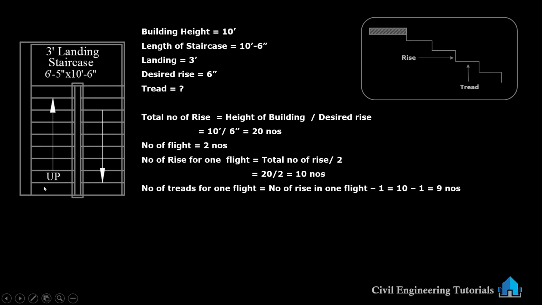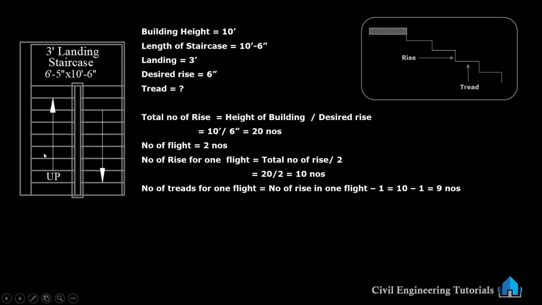20 means total number of rise: 1, 2, 3, 4, 5, 6, 7, 8, 9, 10. This side 10, 20. 20 minus 1. You will see 1, 2, 3, 4, 5, 6, 7, 8, 9. Tread also will consider one more. Landing also will be considered as one tread.